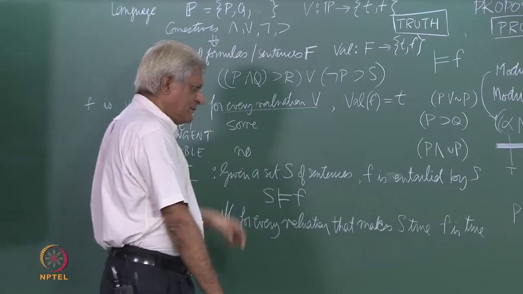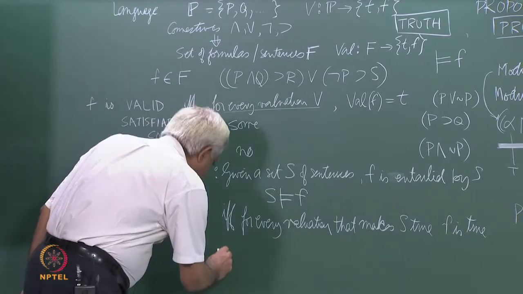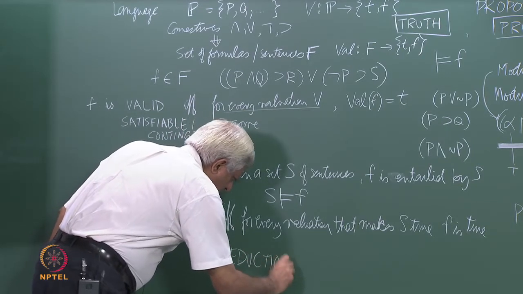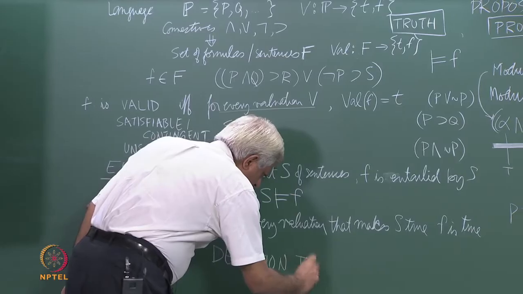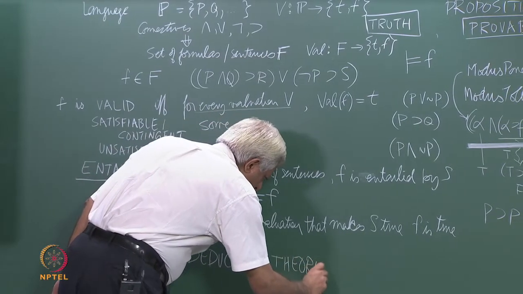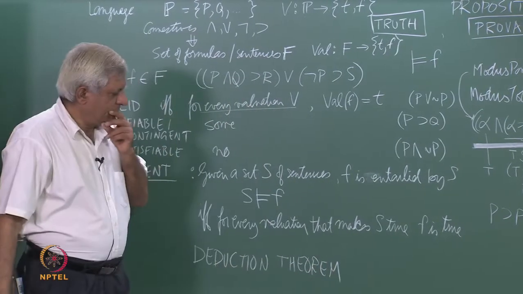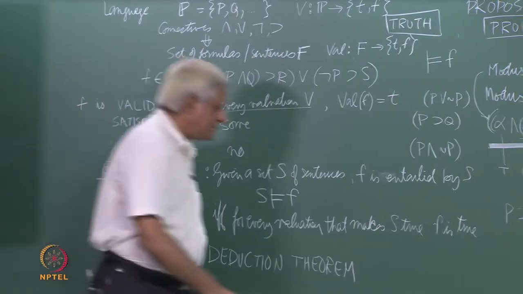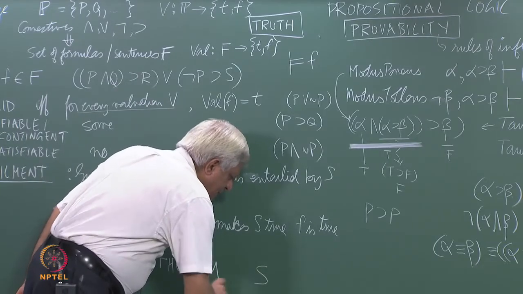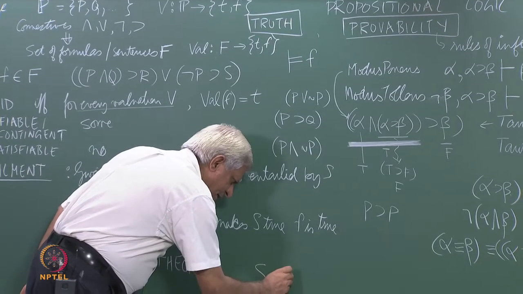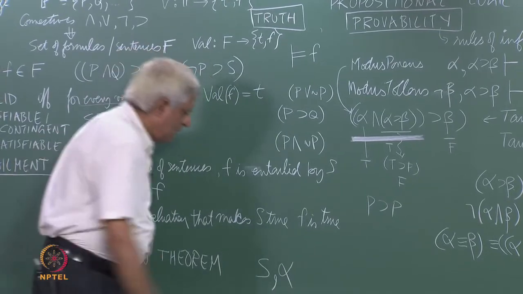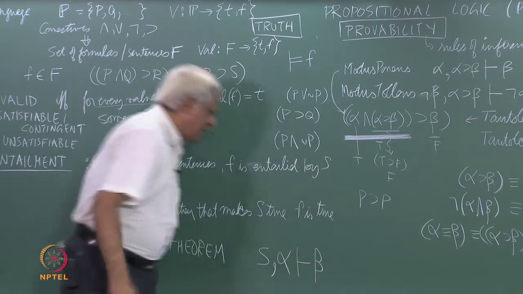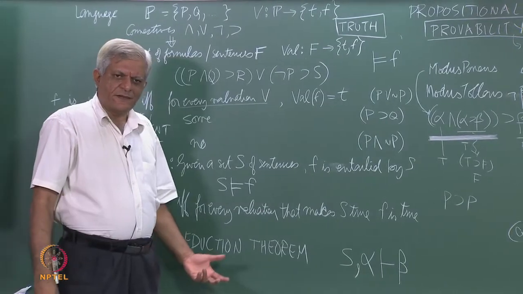Before we move on, I want to mention one theorem which is quite well known. Let me write it here. It is called the deduction theorem, you should look it up. This theorem says that if I have a set of sentences S and a sentence alpha, and I want to derive the sentence beta, if I can do that.